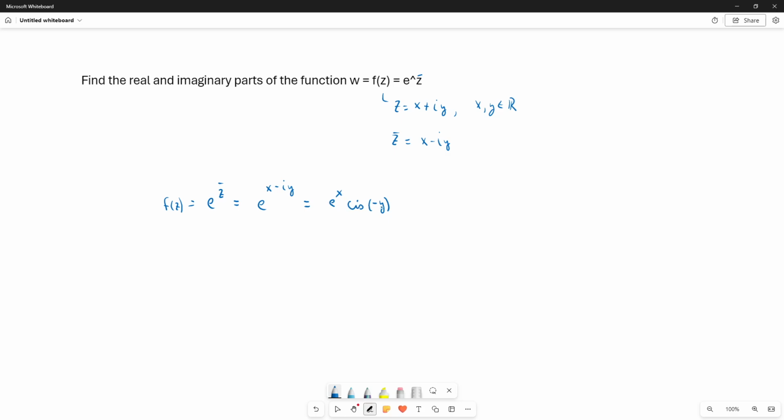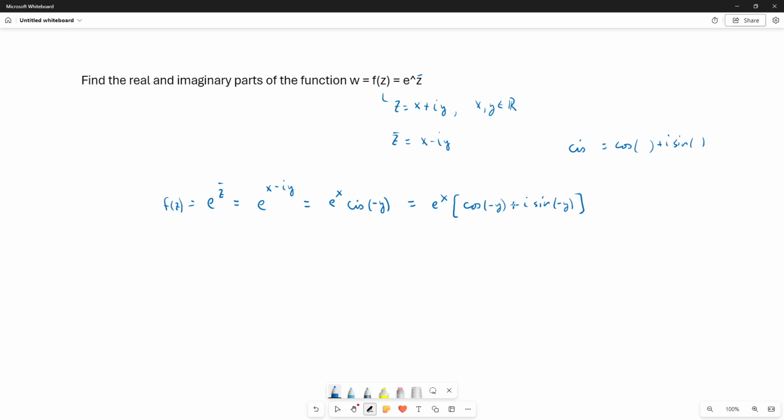E to the x, cis minus y, where this cis means cosine of the angle, whatever is in the parentheses, plus i times sine of the angle. So in this case, our angle is negative y. So this is e to the x times cosine of negative y plus i times the sine of negative y.